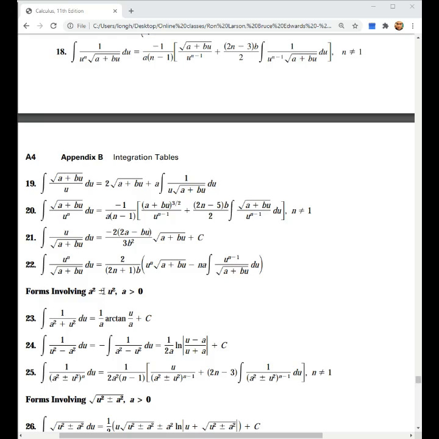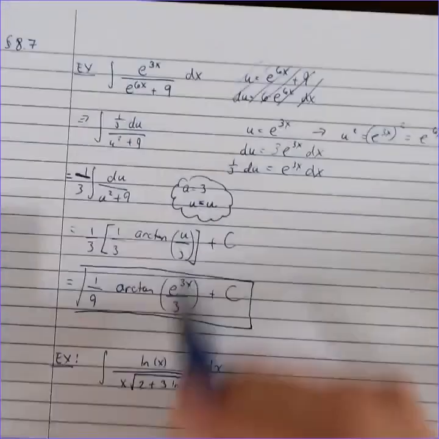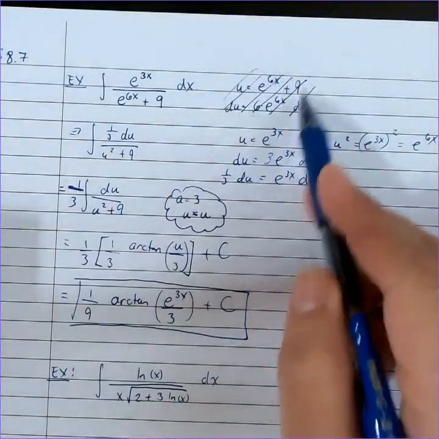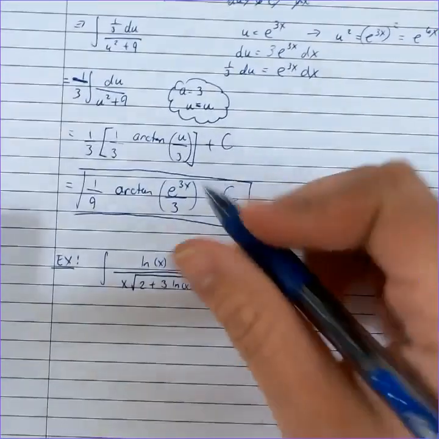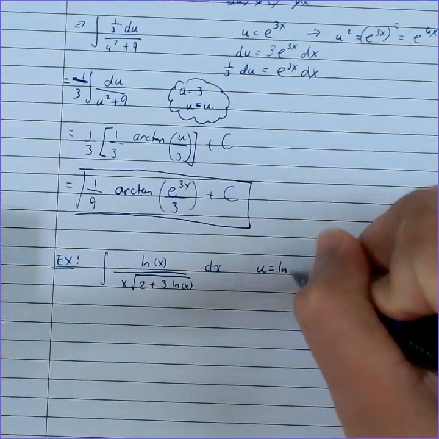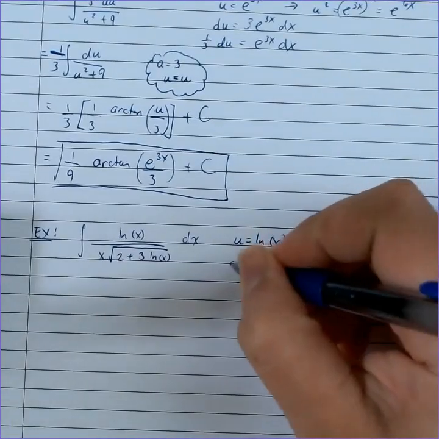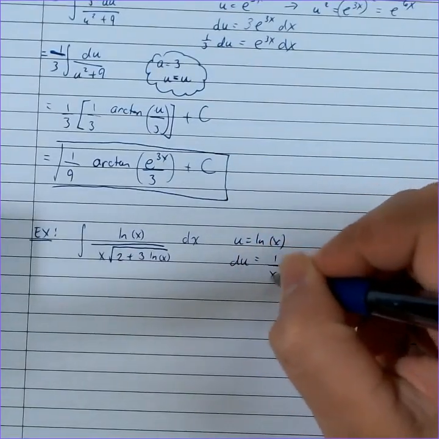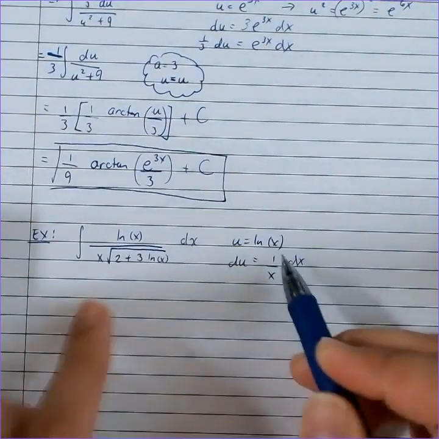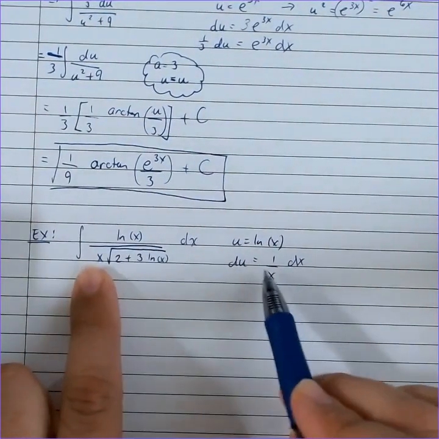From this substitution, it looks like I want u to be the natural log of x. So let's give that a try. Again, the worst that can happen is that we're wrong, and we'll try something else. So, u is equal to the natural log of x. That means du is going to be 1 over x dx. So that's what's going to force that x to be there.